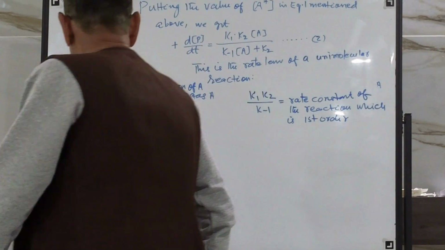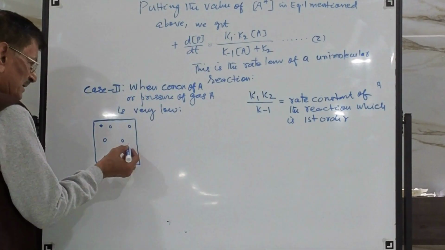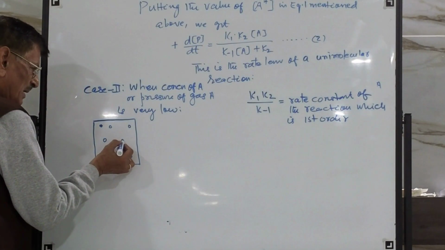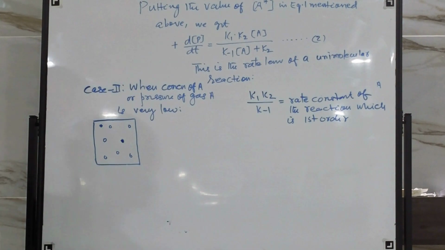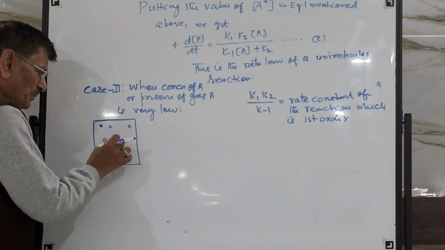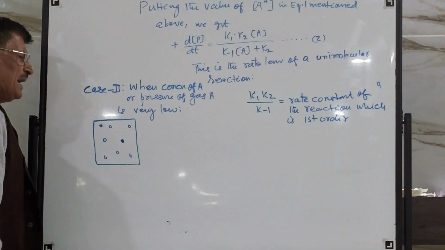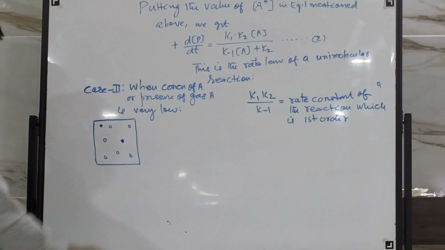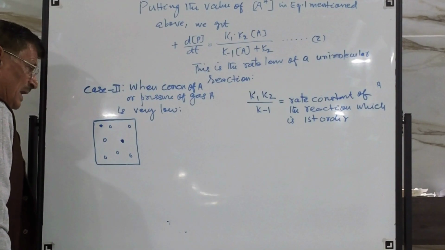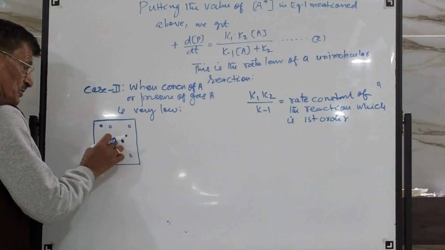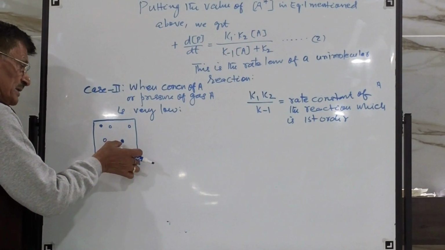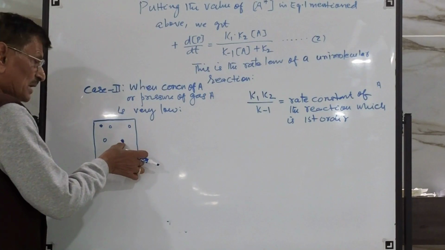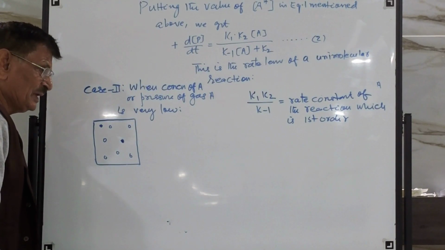Now, let us suppose that this is the molecule. For any neighboring molecule to reach this point, suppose it takes 7 seconds. And suppose the time lag is 5 seconds. That is, this activated molecule will survive only up to 5 seconds.